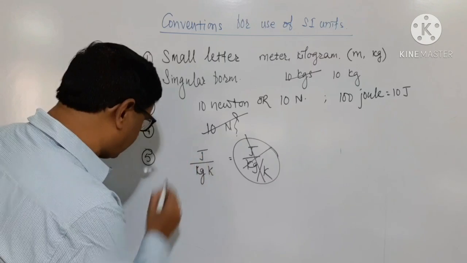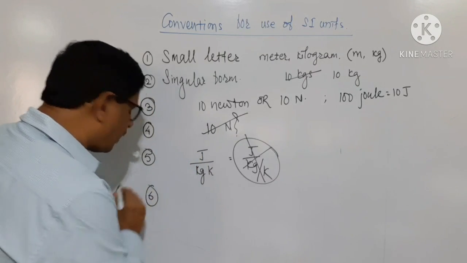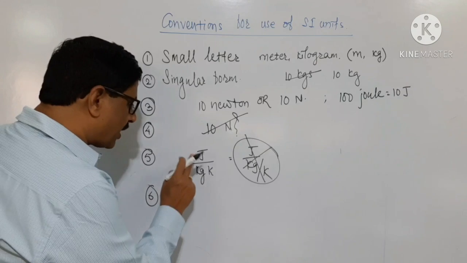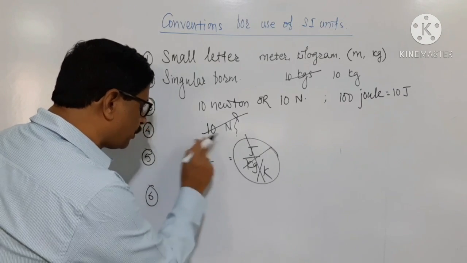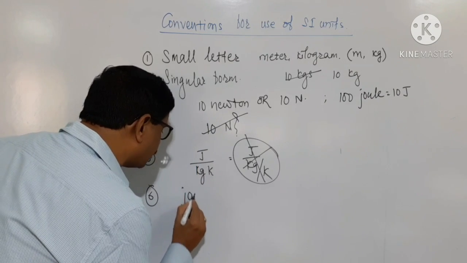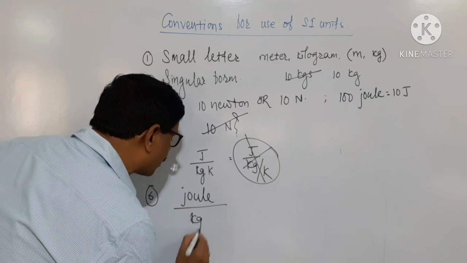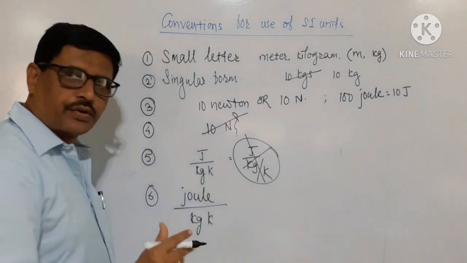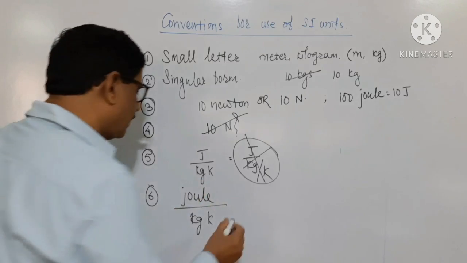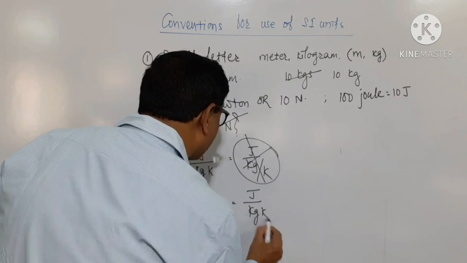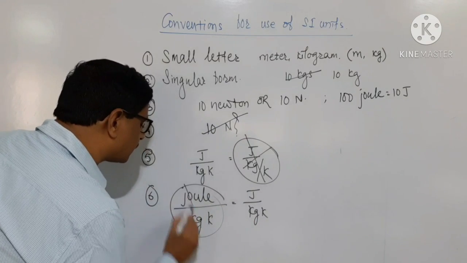Adjoining to this one more convention I will explain here. When you are writing the symbols of the unit, this is not correct. You should not write like this one, joule per kilogram per Kelvin. To make it easy and simple, it should be like this only, joule per kilogram per Kelvin.